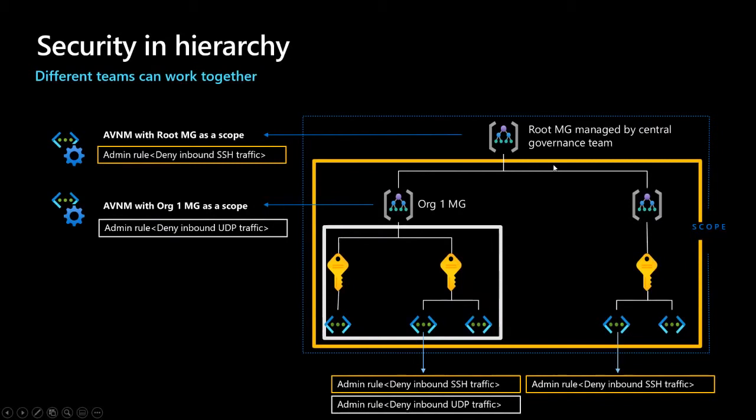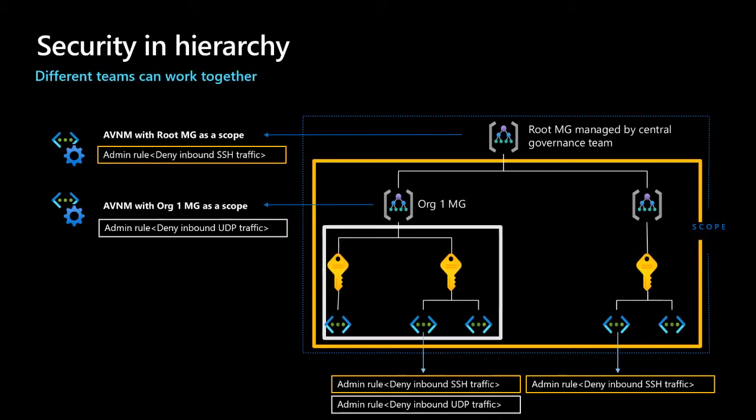And here I want to also describe how security can be enforced in a hierarchical way. Basically, different teams can work together using different network manager to orchestrate their security management. So for example, you can have a root management group, right? And this root management group can be managed by, let's say, a central governance team.